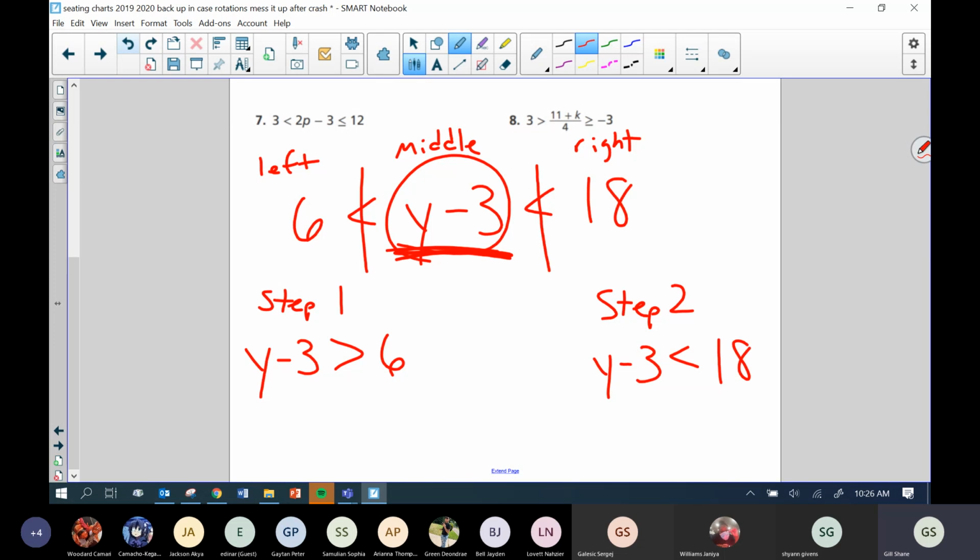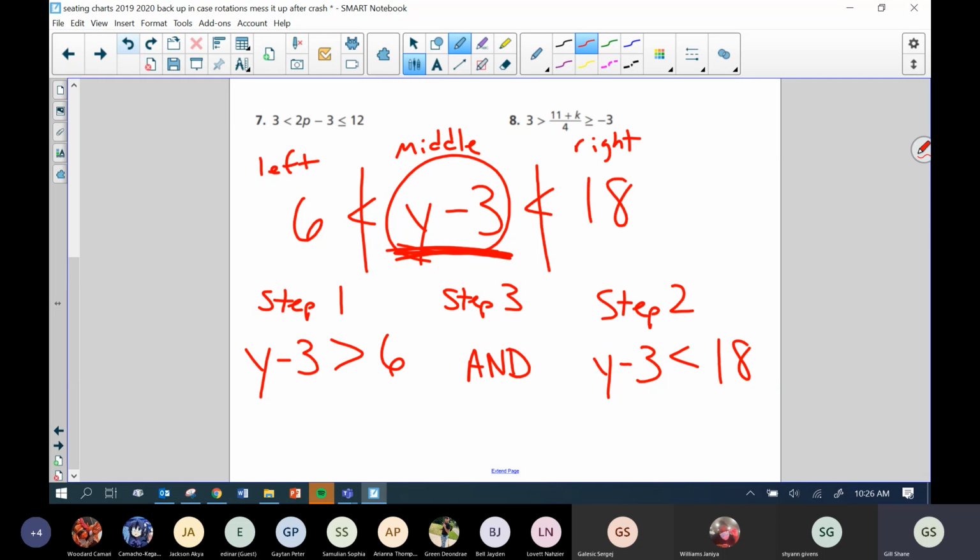So now my last step, step 3, is which one do I join it with? This is where we said if we don't see any words to know what to join it with, then we use and. And I don't see any words, right? I have 6, I have the symbols, I have y subtract 3, I have 18. There's no words to tell me that it's an or or an and. So if there's no words, that means it's and. So that's creating the inequality.